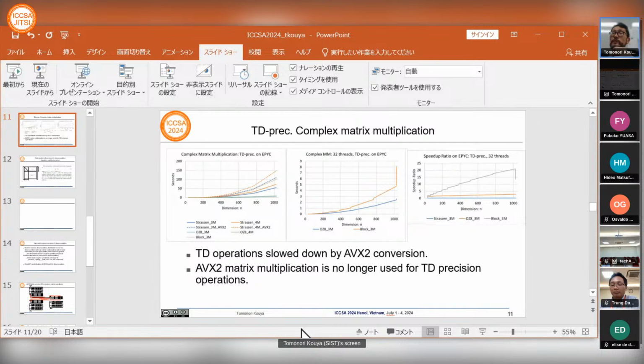Triple double precision is constructed with three components of double precision floating point numbers. That causes the inefficiency of triple double precision arithmetic and triple double linear computation when the compiler optimizes our library. So I understand. Thank you.